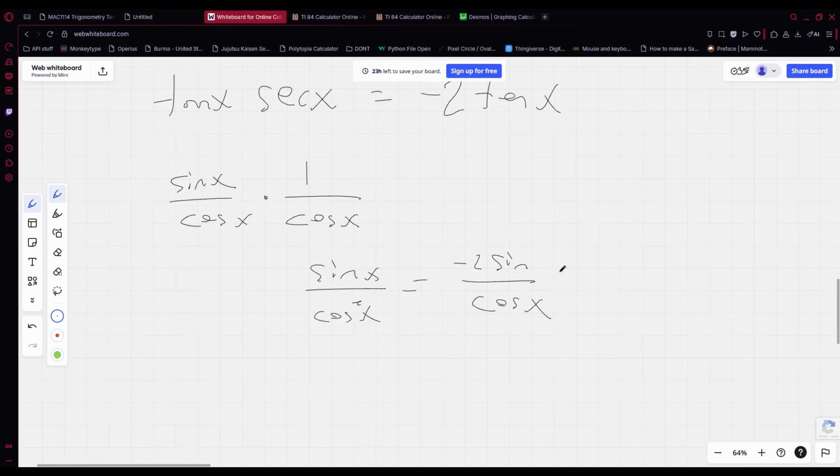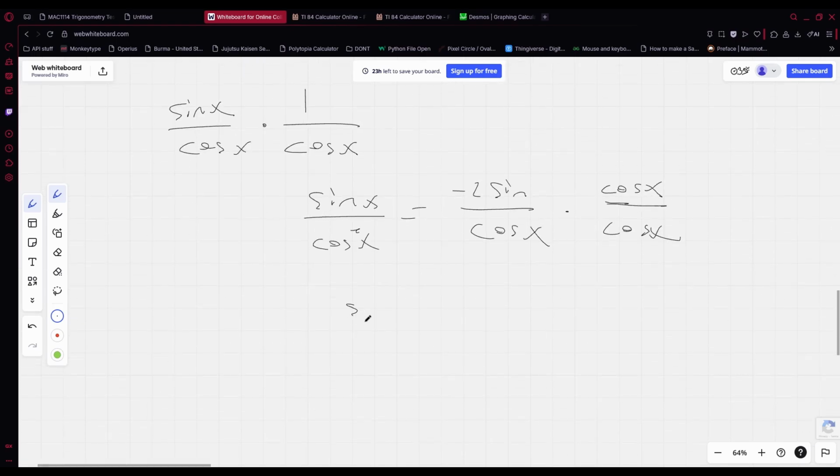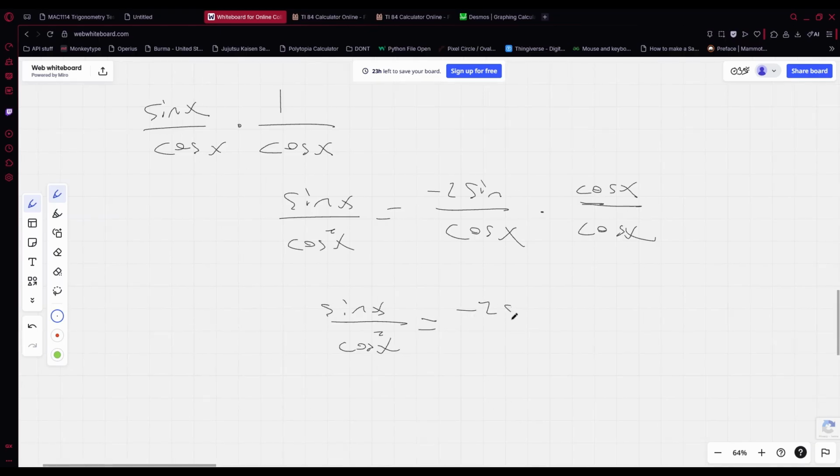So what I will do is I will make these denominators the same. So I will multiply by cosine x over cosine x. Sine x over cosine squared x is equal to negative 2 sine x cosine x over cosine squared x.